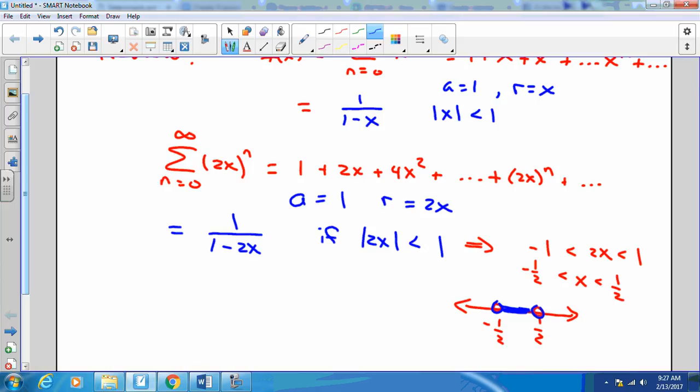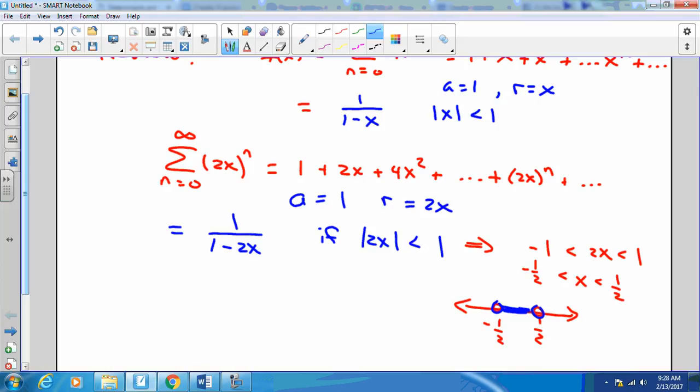Oh, I have a question. Can you just put an equal sign between these? They're not exactly the same thing, right? It's just a different form, but they're not the same. They are the same thing. They will give you the same values. If I take x equals, say, 1/3, and plug it into the series and add up, I will get a geometric series whose value is exactly 1 over 1 minus 2/3.